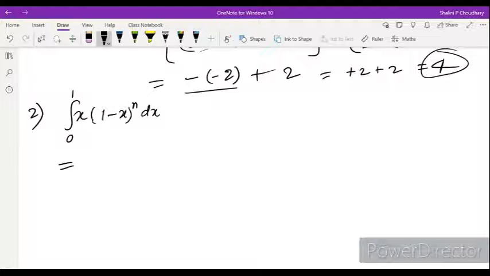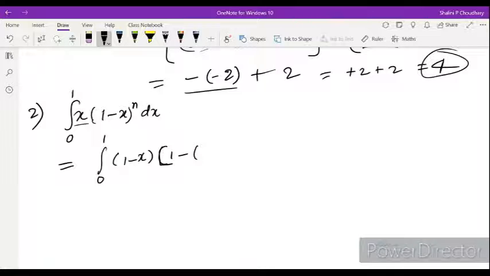So we can write it will be equal to the integral from 0 to 1. In place of f(x) we have to write f(a minus x). So in place of x we'll write a minus x; sorry, not a, we'll write 1, since a is equal to 1.